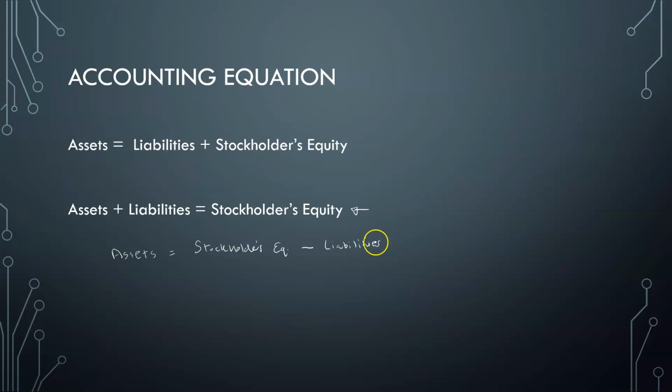When you move an item from the left-hand side to the right-hand side, in this case, you'll have to subtract liabilities from both sides. So you end up with assets equals stockholders' equity minus liabilities. Well, this is not the same as the accounting equation. So assets plus liabilities equals stockholders' equity is not the accounting equation.